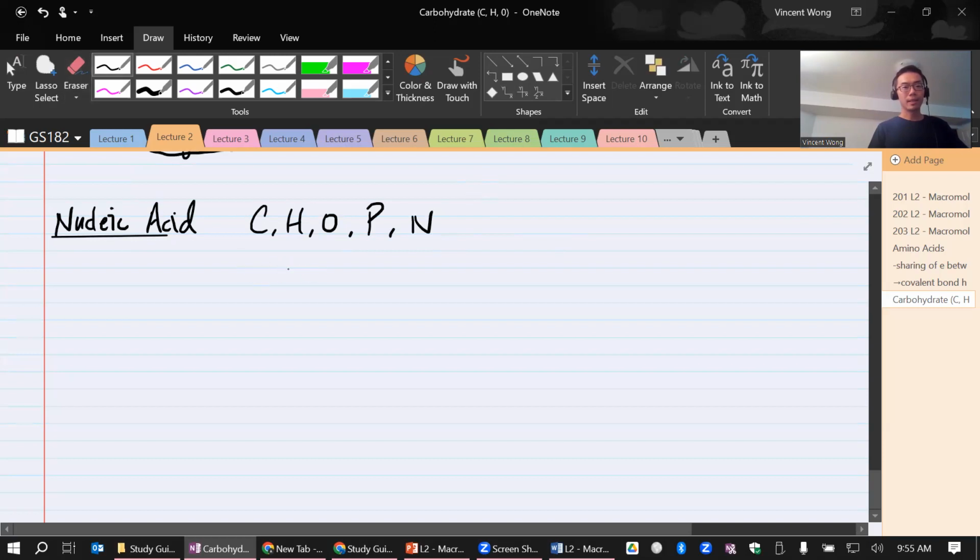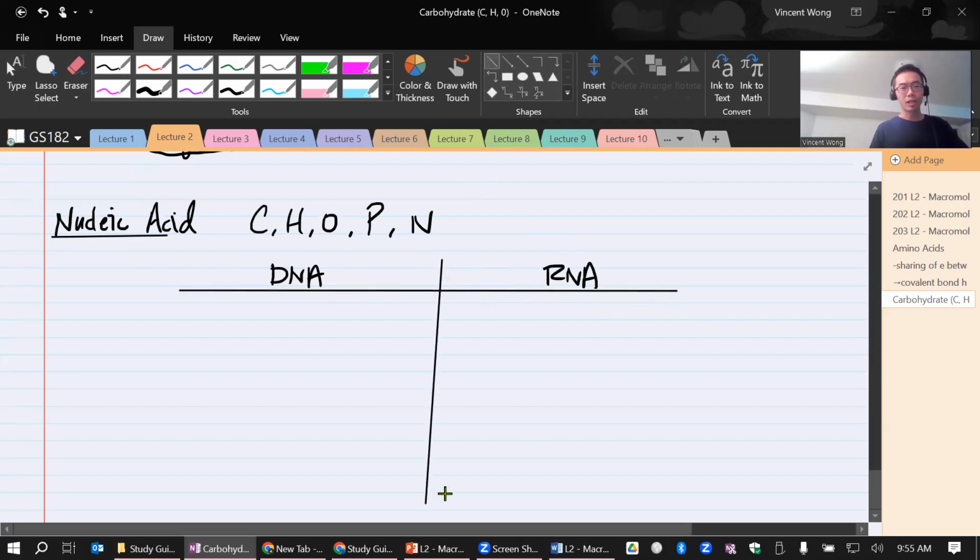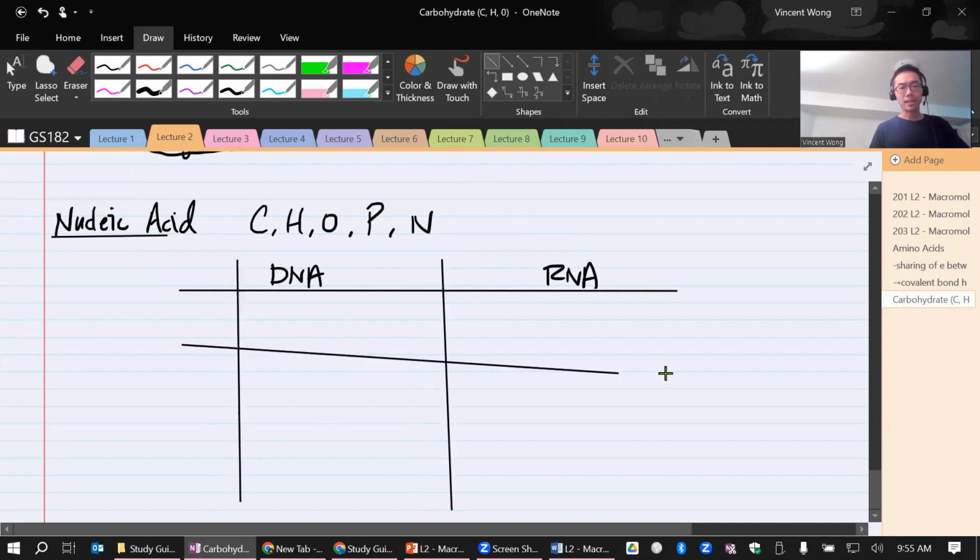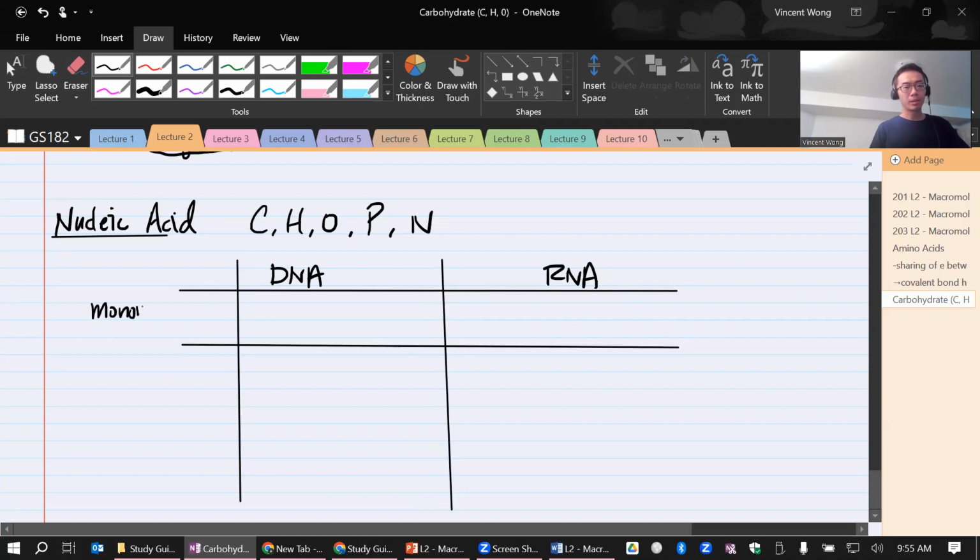So let's compare the DNA and the RNA. I probably have a chart like this in the study guide, but let's compare it. The monomer: what makes up DNA and what makes up RNA?